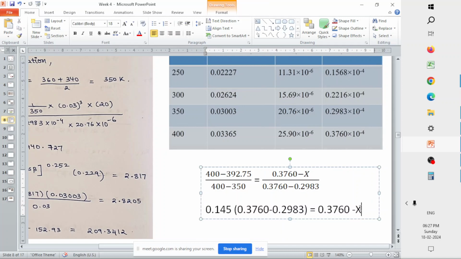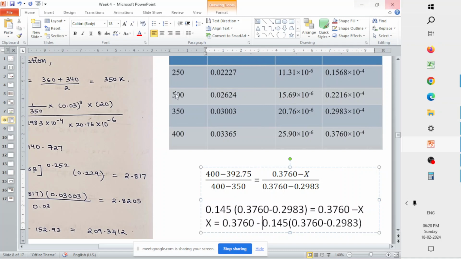Now you can calculate the value of x, that is the thermal diffusivity at the temperature 392.75 degrees Celsius, as 0.3760 minus 0.145 times (0.3760 minus 0.2983). If you do this, you will calculate the value.